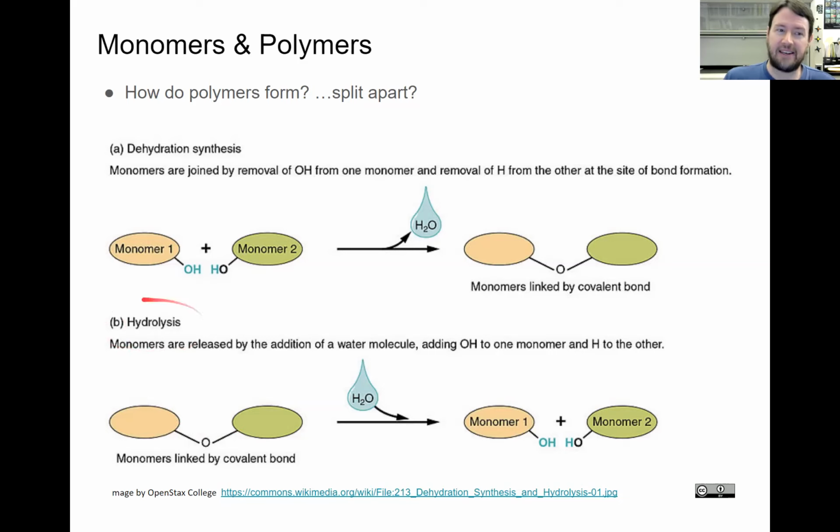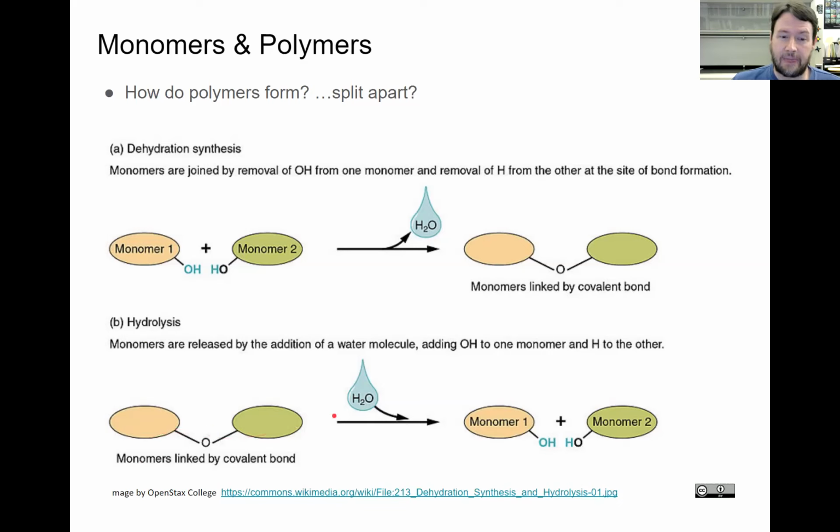So the opposite of the dehydration reaction is called the hydrolysis reaction. Hydro meaning water, and lysis means splitting apart. So a hydrolysis reaction is one where you essentially add water molecules to this covalent bond in a very particular way, either using enzymes or heat and acidic or basic conditions.